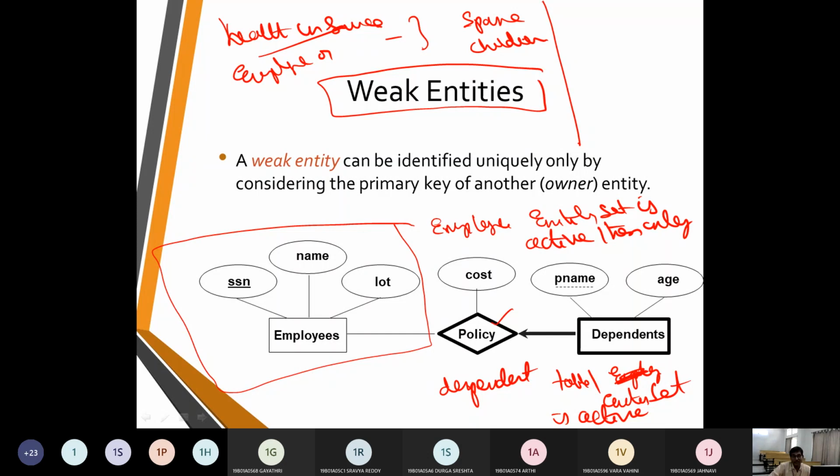So I will get the benefits, my spouse will get the benefits, and my children will get the benefits because they are dependent on me. They are not working in this college, but they are dependent on me as I am an employee here.